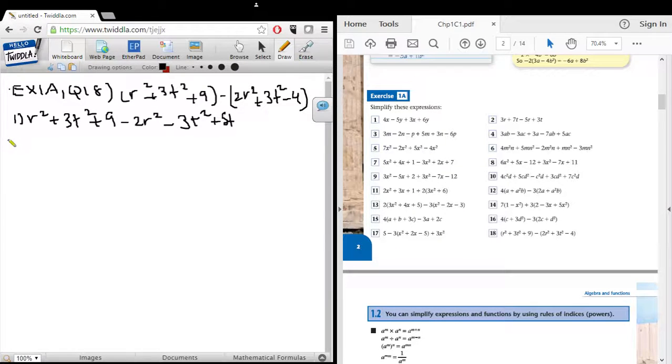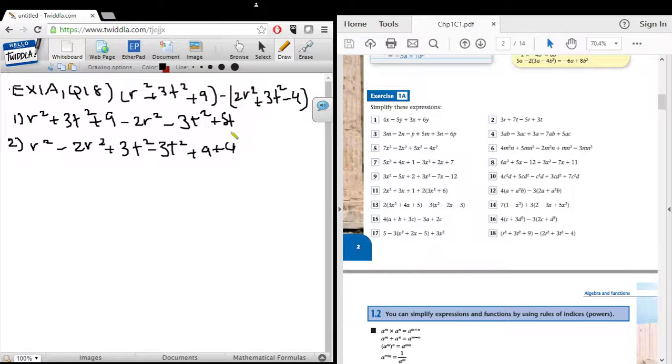Here, in step 2, you can then collect the terms that are similar to one another. So r squared minus 2r squared plus 3t squared minus 3t squared and plus 9 plus 4.